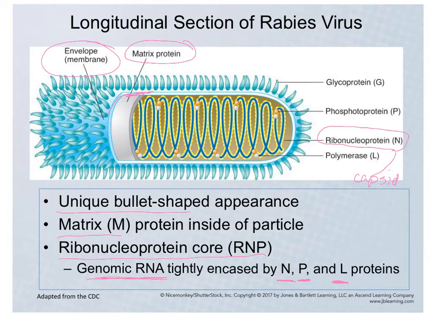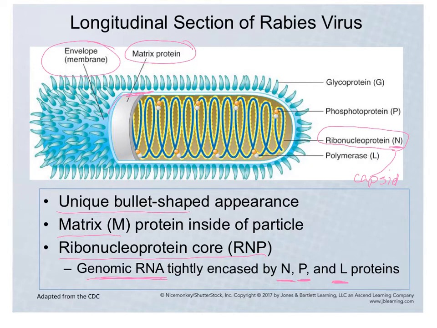And we're going to see that this capsid protein, which is called N for nucleocapsid, is going to be tightly associated with the genome. In addition to that, because this virus is a minus sense RNA virus, that means that it has to bring in its own RNA-directed RNA polymerase.